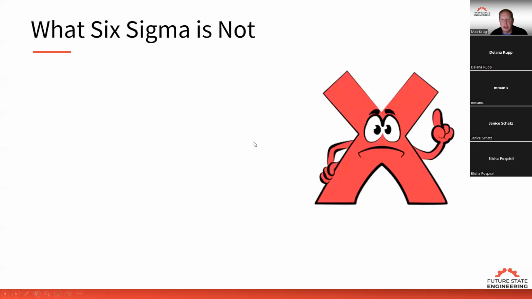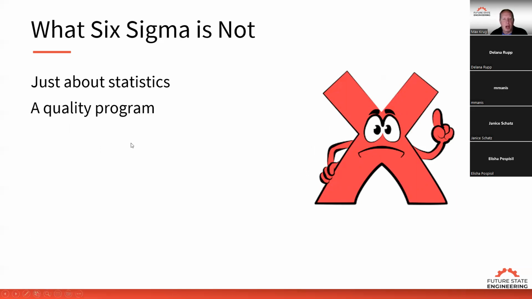So what Six Sigma is not: it's not just about statistics. A lot of people think, oh, all we do is statistical analysis. That's a piece of it, but it's not just about that. It's a quality program, but not a program where you start and finish. It's a continuous process of systematically going through and looking to reduce variability in your system or process. It's only for technical people?